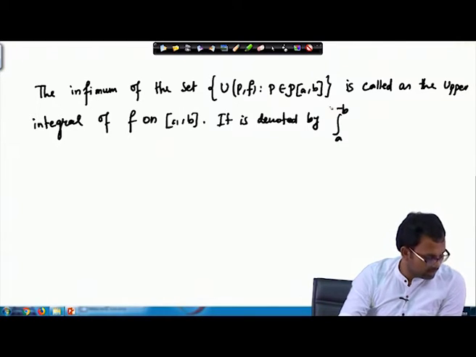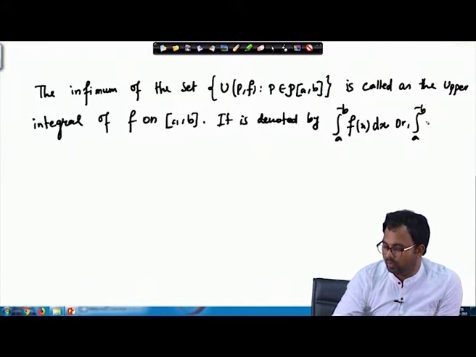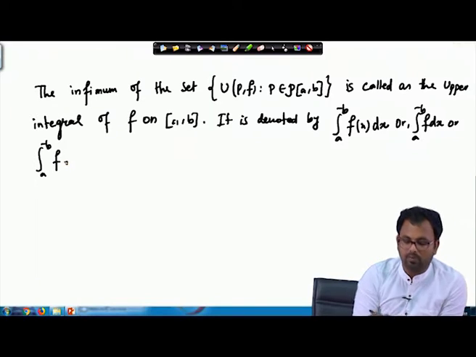We put a dash sign or a minus sign in the upper limit f(x) dx, or we can write it as a to b f dx, or to save time we can even write a to b simply f.